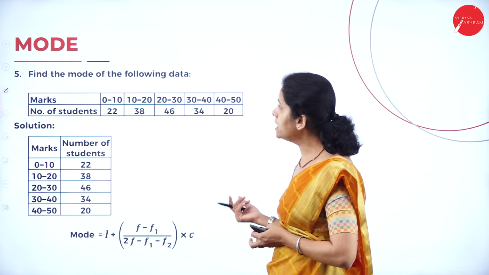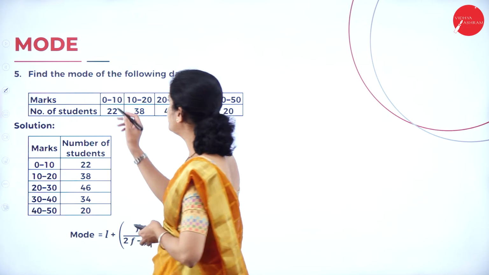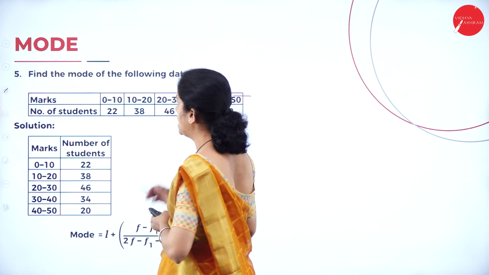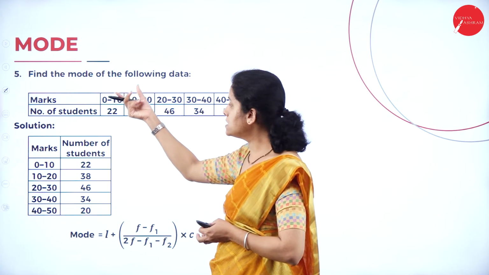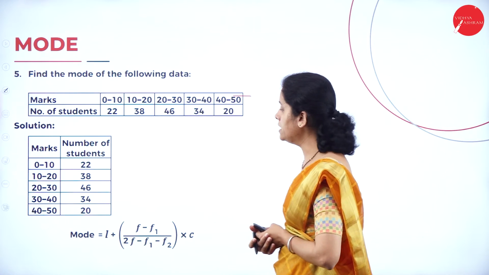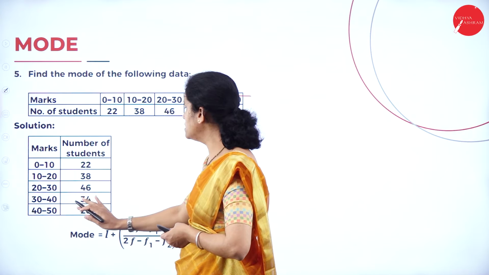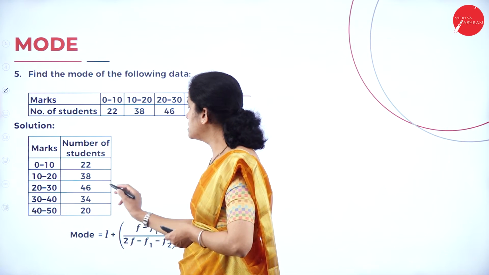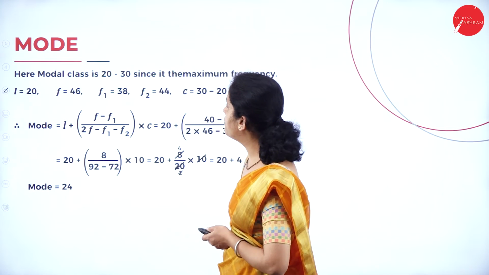Now dear student, let me consider another example here. See here, I have the data, and I have the number of students as well as marks. So what I will do, I'm going to construct the table. If I consider this data, which is the f and which is the f0 and which is the f1.